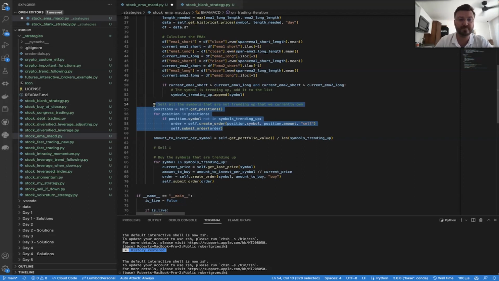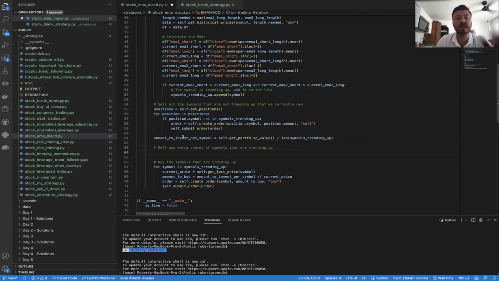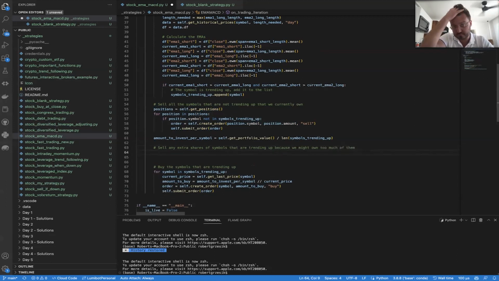Sell any extra shares of symbols that are trending up, because maybe we have too much in each symbol, right? So here we'll go through each one of our symbols.